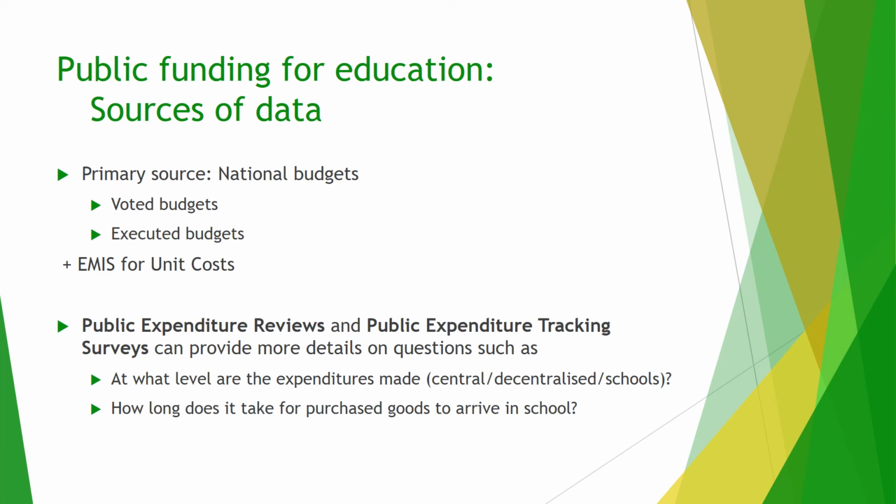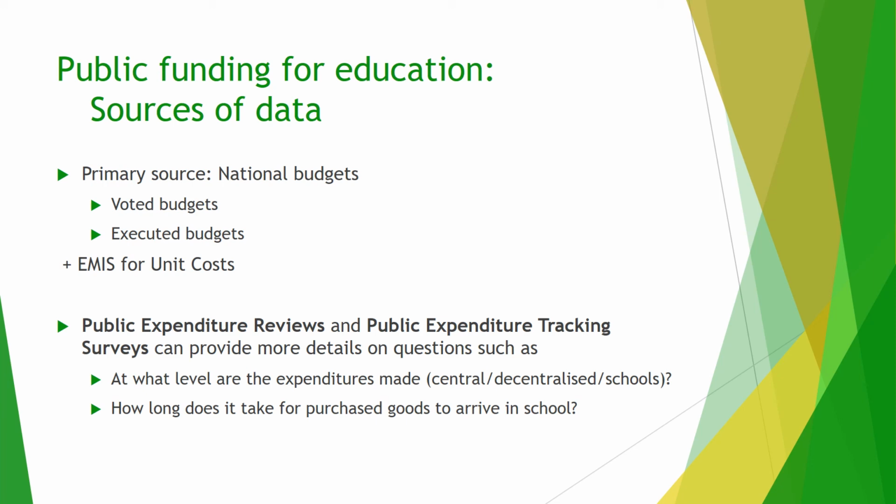We can also mention that public expenditure reviews and public expenditure tracking surveys are types of studies or analysis that go further into the analysis of public funding, in particular for what we're interested in, public funding for education.